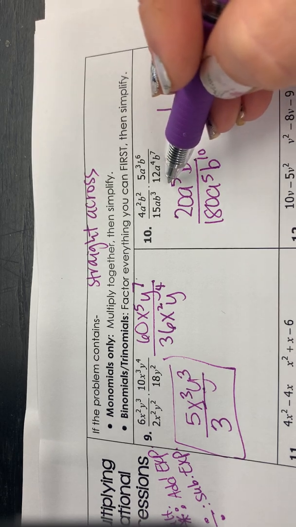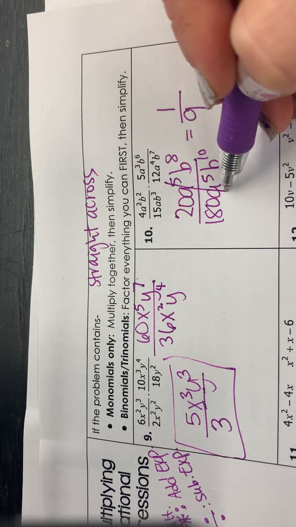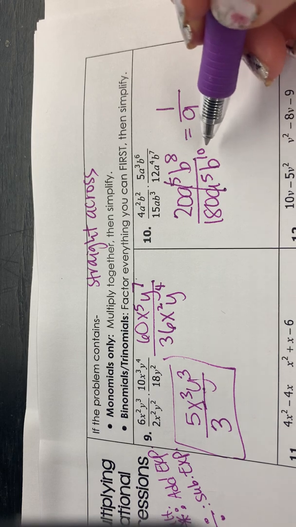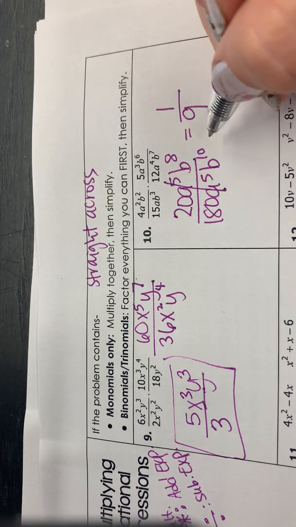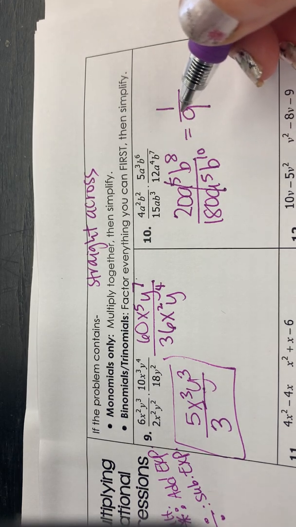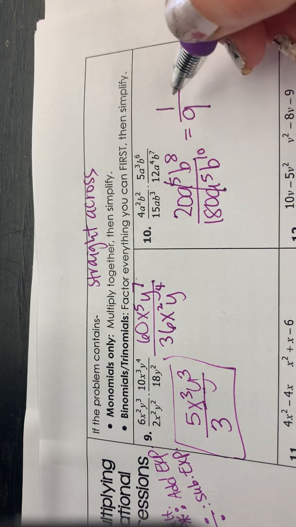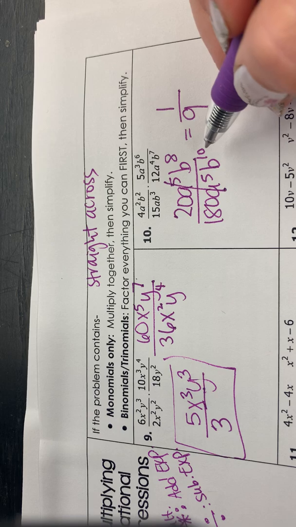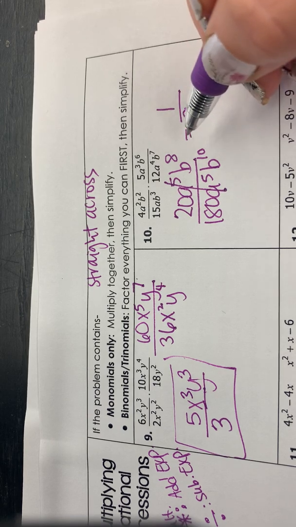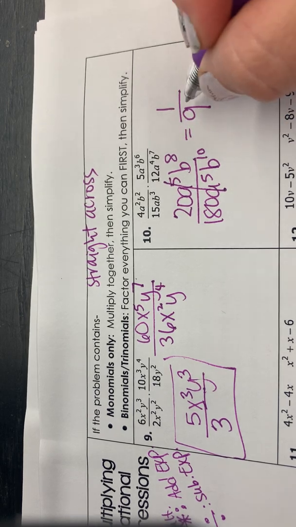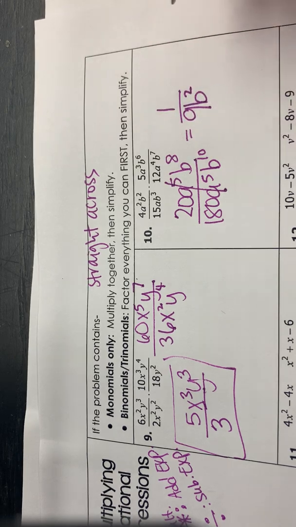Now, a to the 5th and a to the 5th, those go away. If you notice here, the higher number's on the bottom. You can still subtract, just a little shortcut, but wherever that higher number is, that's where you need to leave it. So 10 minus 8 is 2, but since the 10's on the bottom, I need to leave that 2 on the bottom.